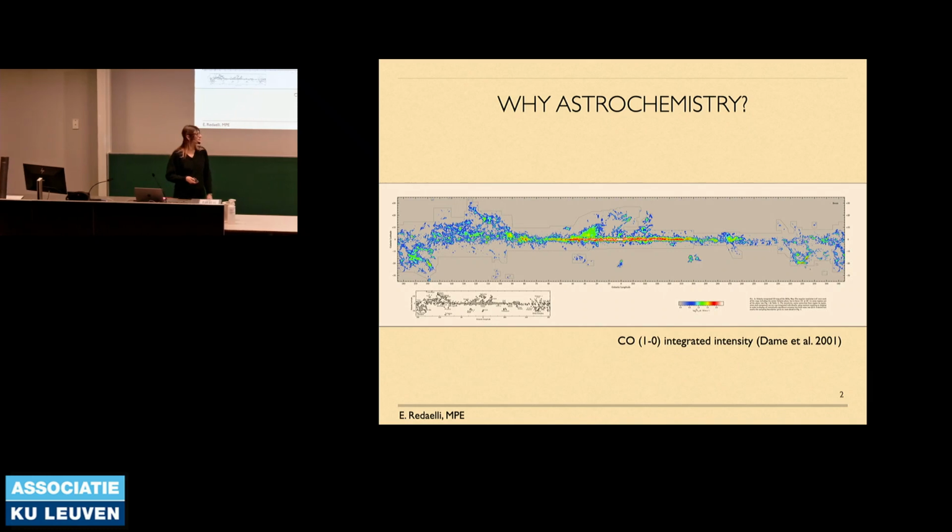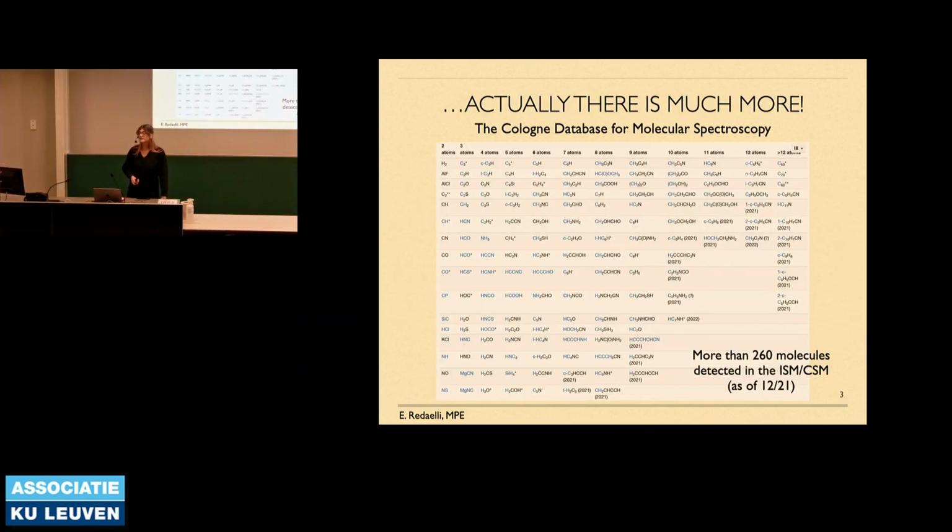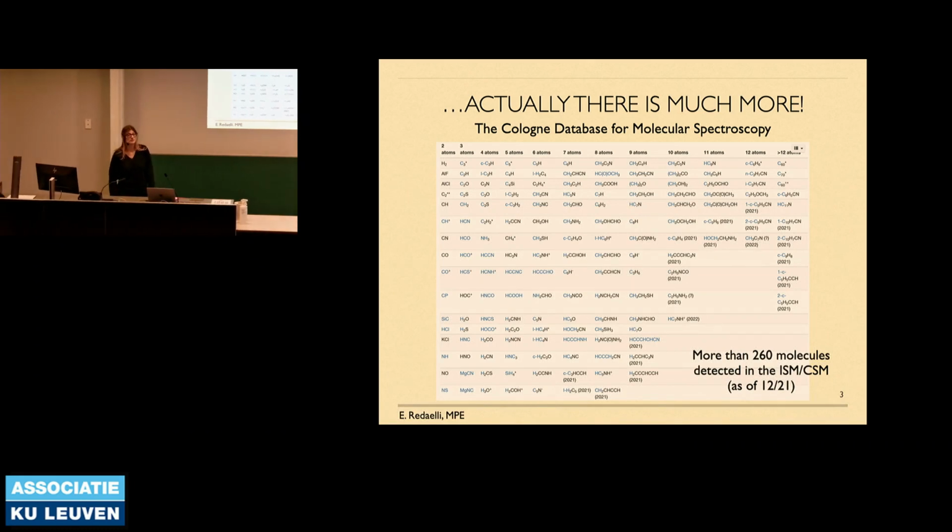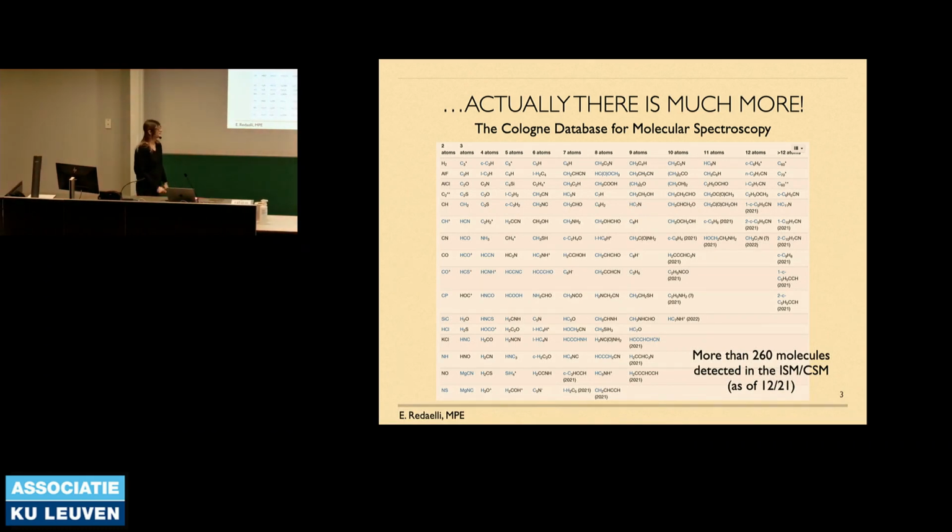And in fact, in the last decades, or like half a century, almost 300 molecules have been detected. This list is by far not complete, even because the amount of new detections per month is dramatically increasing, due mainly to the fact that microwave and radio facilities at the moment are really increasing their capabilities in terms of sensitivity and resolution.